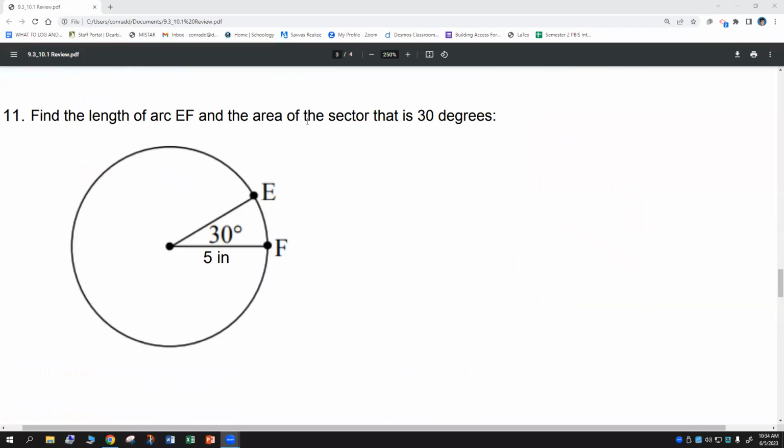All right, 11. So arc length equals x over 360 times 2 pi r. And sector area equals x over 360 times pi r squared.